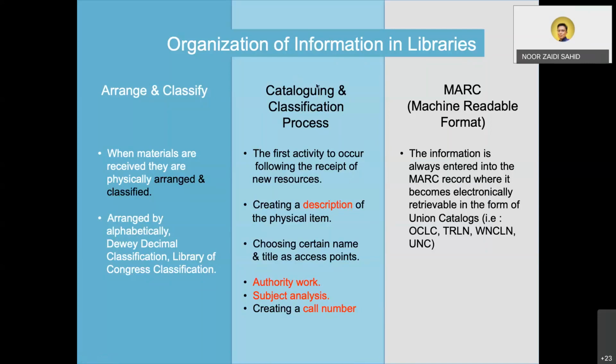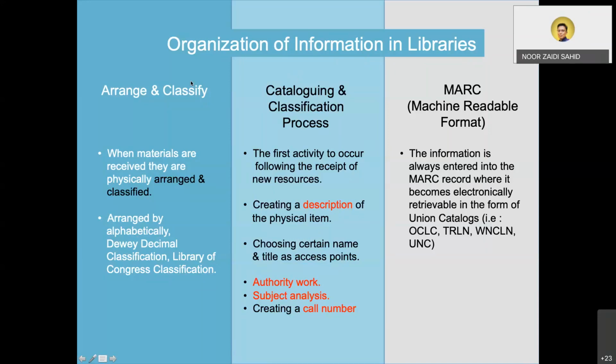Selepas record, you need to create a description of the physical item. Yang ini creating a description of the physical item. So description in this process actually refers to cataloging. Apa tujuan cataloging?